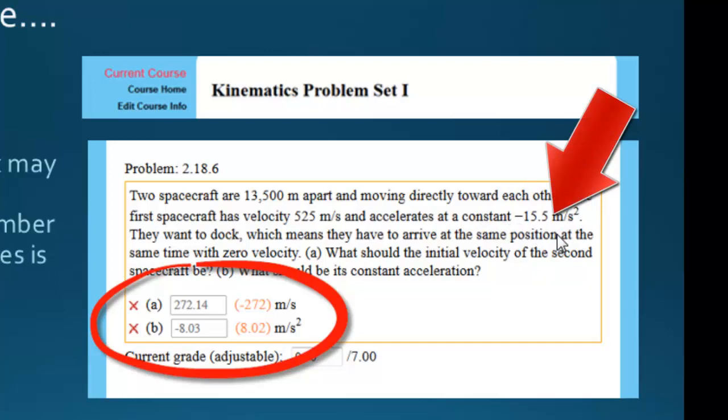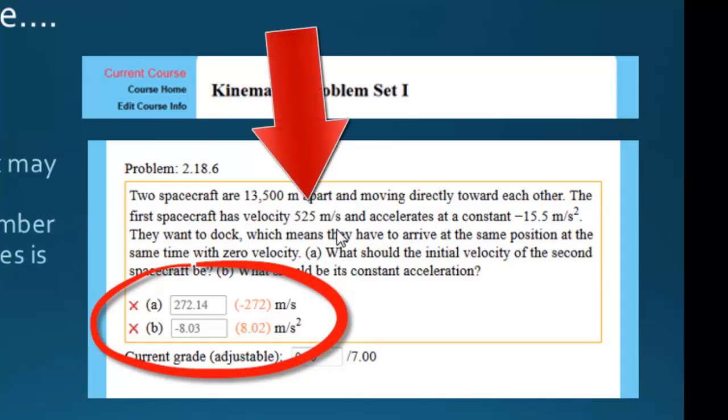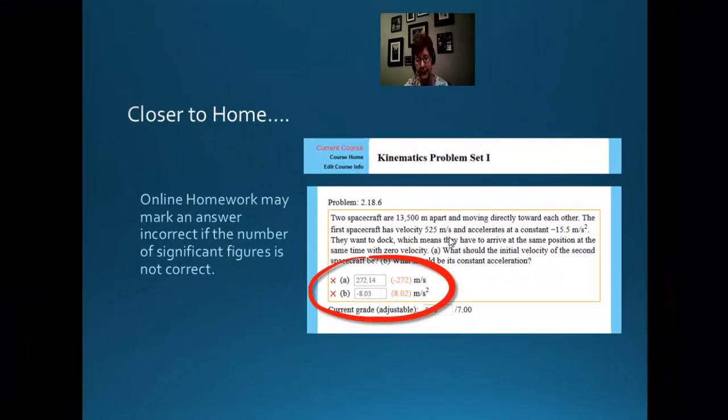Decimal point present, I count all the digits, that would also be 3. And then a third number in this data is 525. Again, 3 significant digits. Your data in the problem will be consistent, and you need to enter your answer in terms of the number of significant digits that the problem presents. So just a closer to home example of why it's important.